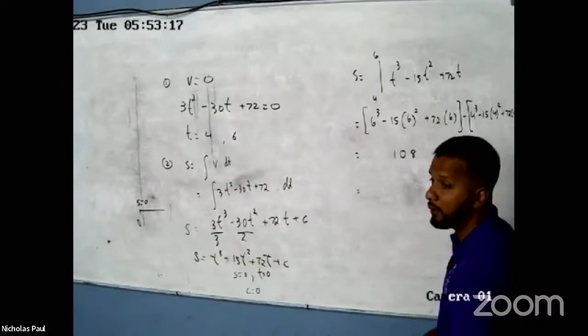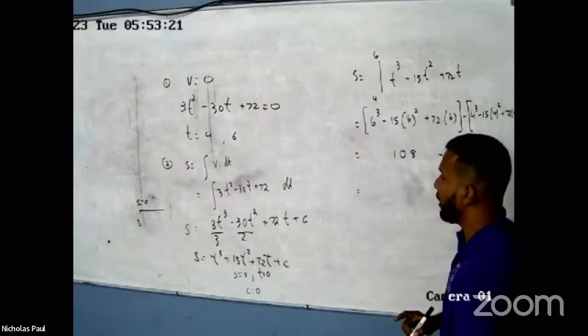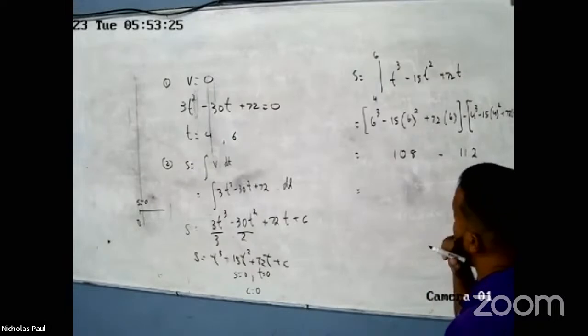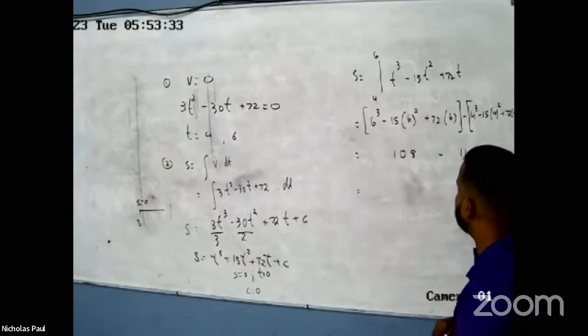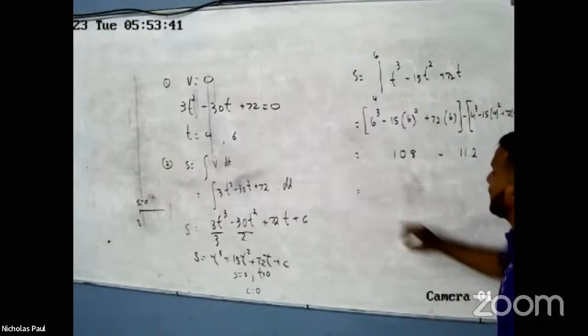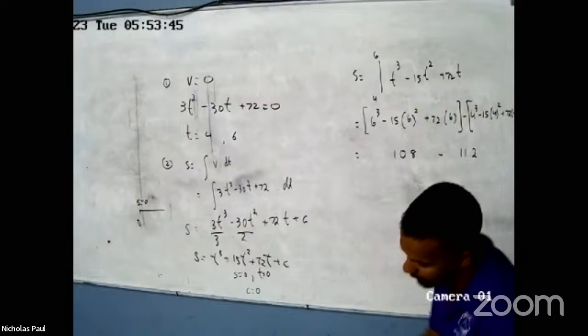I want to show you what probably happened. So basically, here's what happened. The question asks for the distance moved between those 2 points.